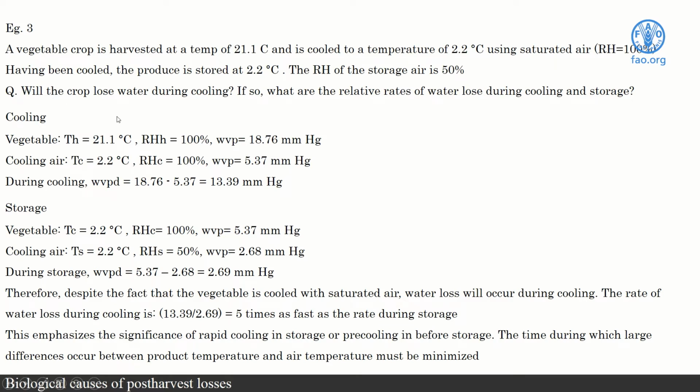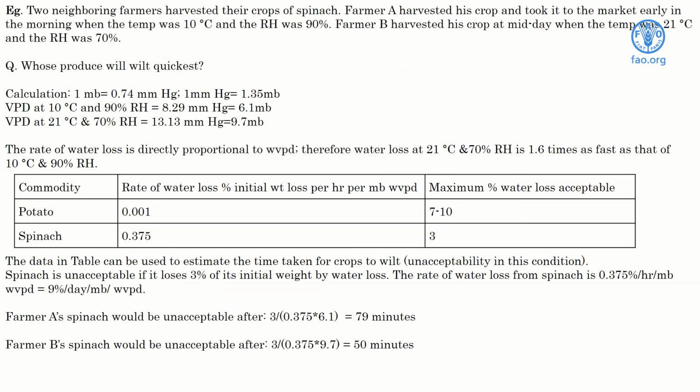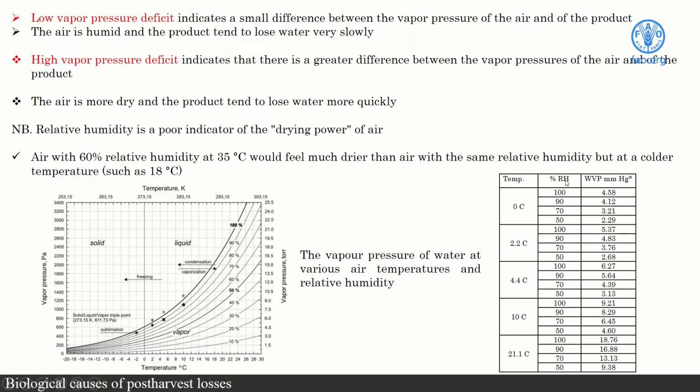To see the water lost during cooling and during storage, it can be arranged like this. Vegetable temperature at harvest was 21.1 degrees centigrade, relative humidity 100%. Water vapor pressure at 21.1 and 100% is 18.76, from this table.